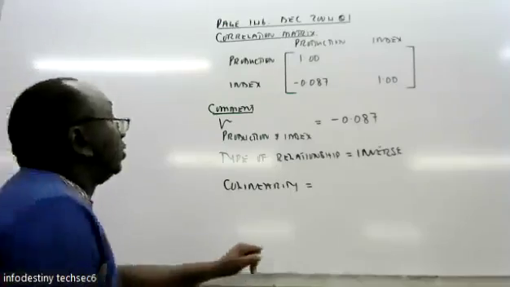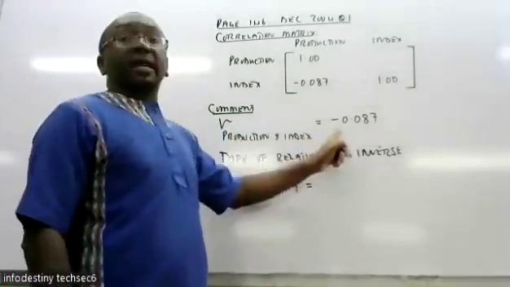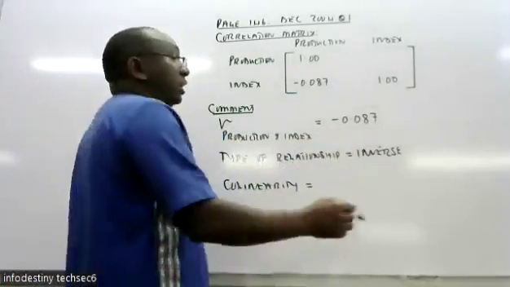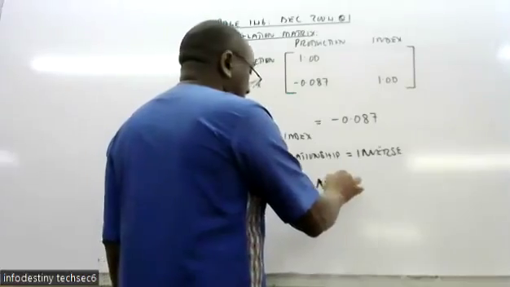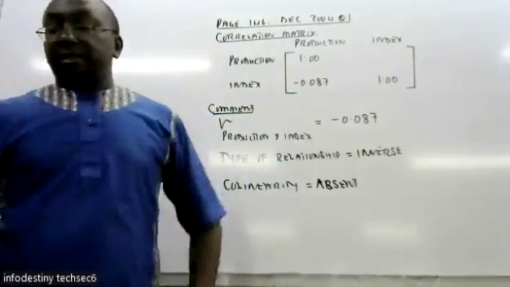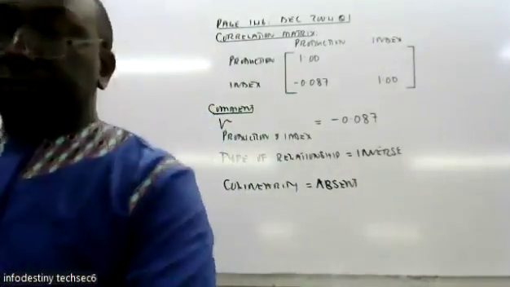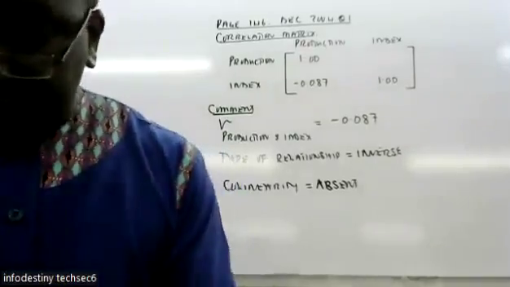So is this greater than 0.8? And remember when you are measuring collinearity, we don't check the sign. So it's not greater. So that means it is absent. Collinearity is absent. So those are the comments that you can make for that.